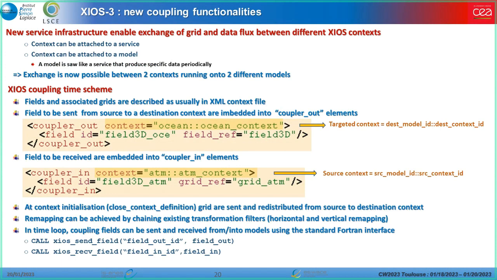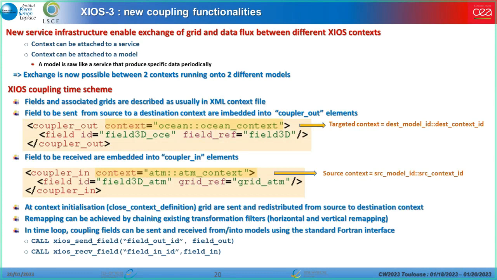To receive a field in the XML, you describe from which context you receive your field, with the same idea of the source model ID and source context ID to define. And so, what does XIOS do at context initialization after closing context definition? The grids are sent from source context to destination context and redistributed.